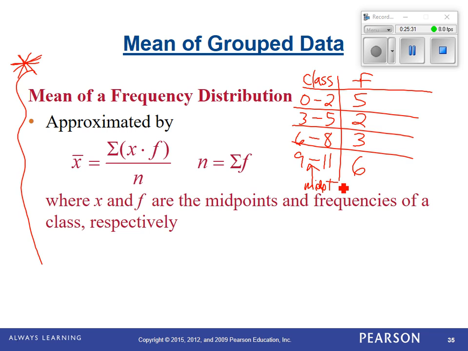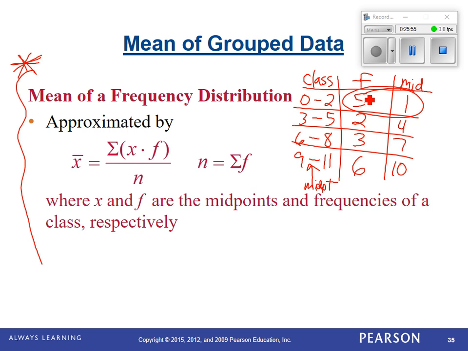Because you don't know each number separately, you can't just add them all up. So you find the midpoint of each class, whatever it is. Here the midpoint would be 1, here the midpoint would be 4, here it's 7, here it's 10. You take that midpoint times the frequency.